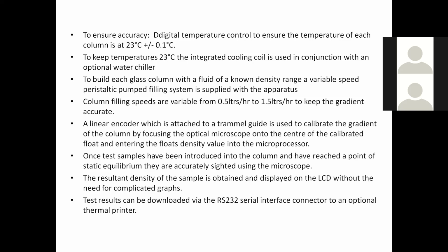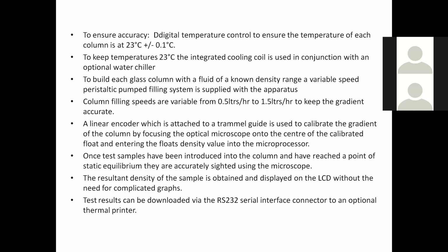The resultant density of the sample is obtained and displayed on the LCD without the need of complicated graphs. Nowadays, computers are also attached with the density gradient columns, so you don't require to prepare the graphs. As I mentioned, that was the old method which we used in 97, 98 or up to 2000.